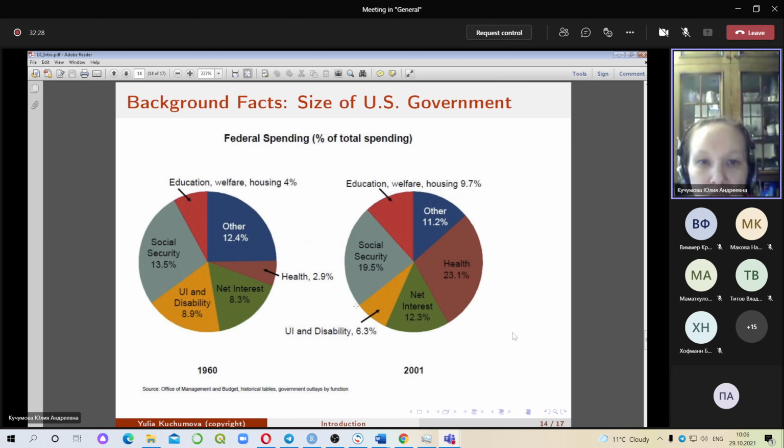Then here are some pie charts that help us understand on what programs governments spend their money. Here are the pie charts for two years.